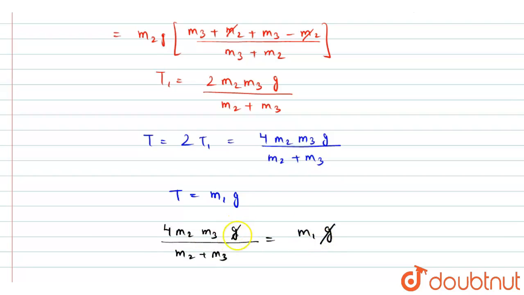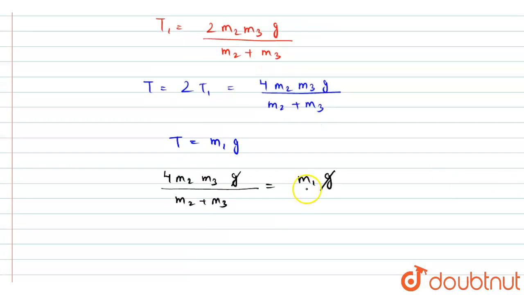From here we can cancel out the term g, and we can take 4 to the denominator. So this will be the equation we are getting. Now we can take the reciprocal of both sides, so we will get m2 plus m3 whole divided by m2 m3, and this must equal 4 divided by m1.